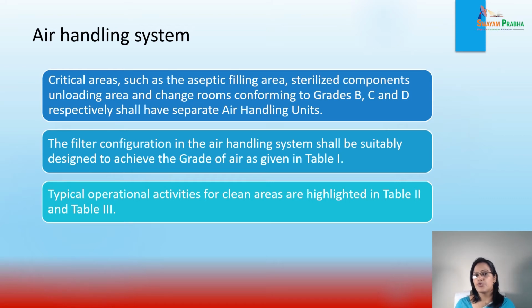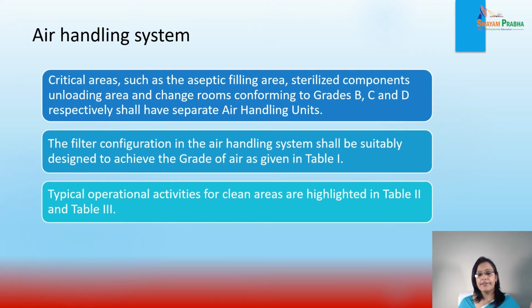They can retain particles up to 0.33 micron size, and they are 99.9% efficient. Okay, so critical areas, especially such as aseptic filling area, sterilized component loading area, and change room, conforming to grade A, B, C, D respectively, shall have different air handling units.